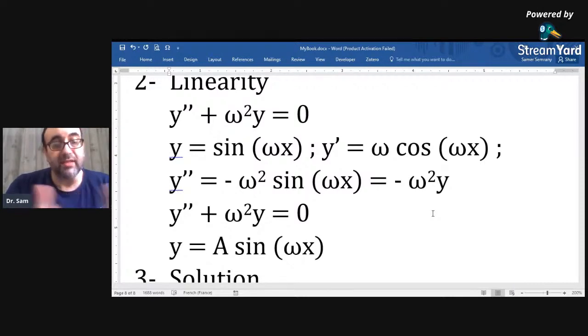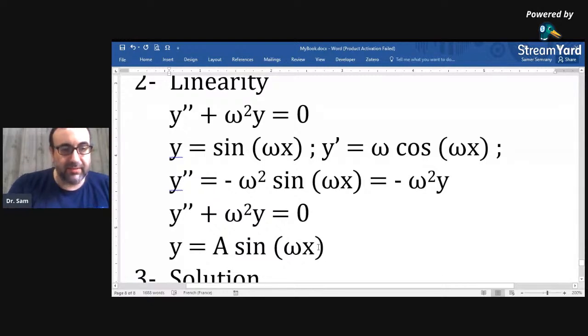We can see that nothing changed here. We can put here a. So here we have the a, and here we have the a again. And we can replace a sine omega x by y, and we have the same solution. So it is linear because any linear function of a solution is also a solution.